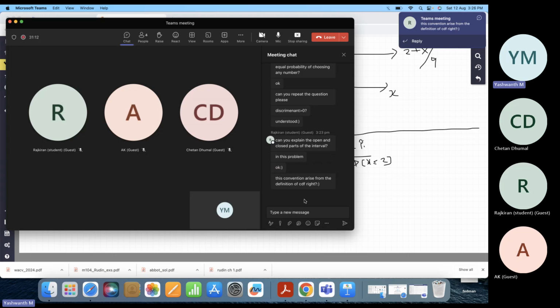By convention you mean why you are taking, for 0, the 0 plus. When there is 0, you have to come from 0 plus. That is coming from the definition of CDF, because CDF is continuous from the right.